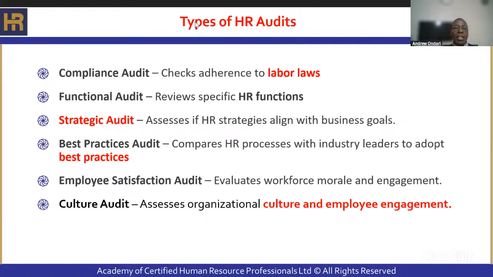We can also conduct employee satisfaction audit. Satisfaction is the level to which employees are contented with, one, their jobs, two, their payment, and three, their organization in general. So employees can be happy about their jobs.